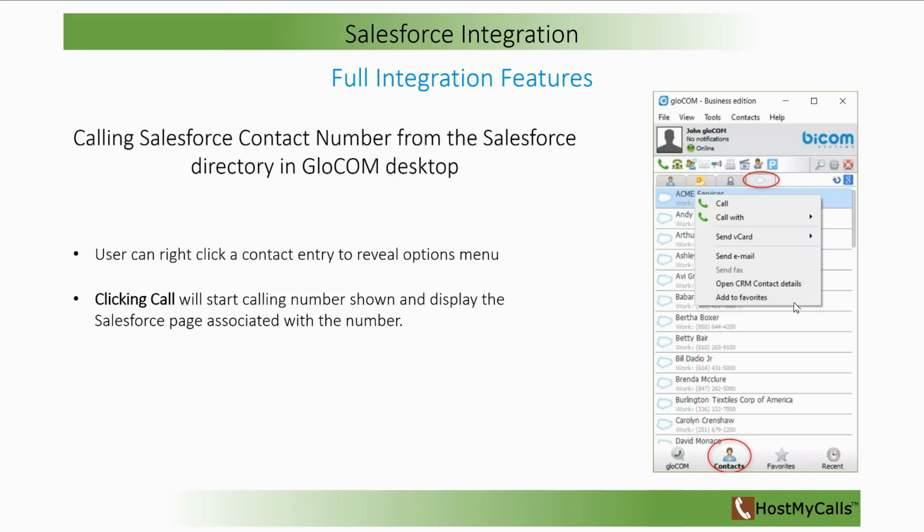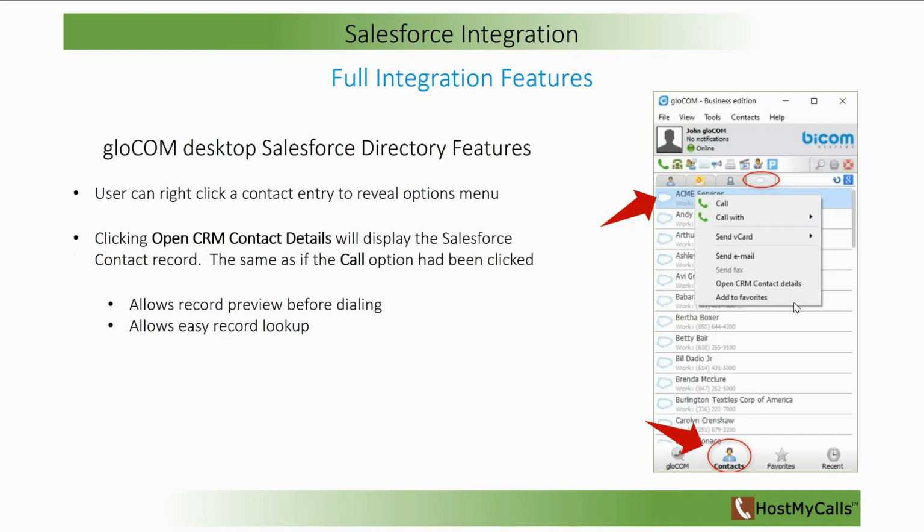The user has the ability to automatically send a vCard of that contact. They can also select send email, which will open the default email client on that PC. It will also start a new email and pre-address it to that contact.